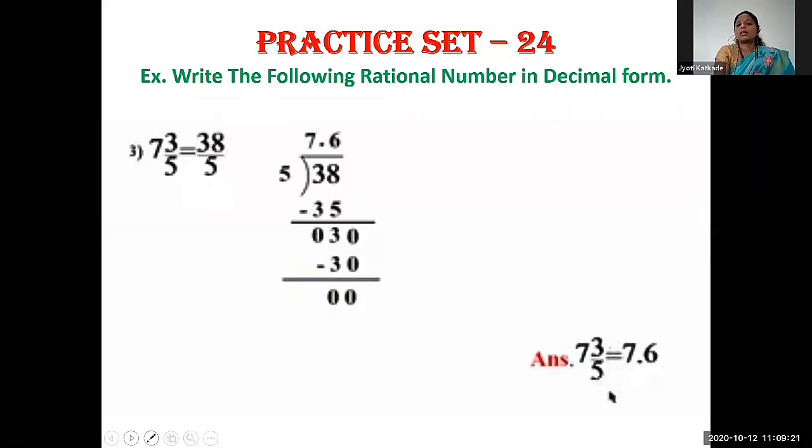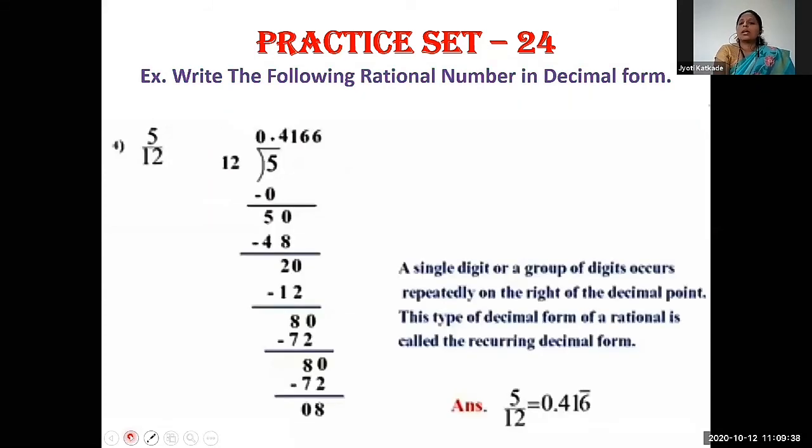In the given question, 5 is the divisor, 7.6 is the quotient, and 0 is the remainder. Do all of you understand, students, how we can convert it into decimal form?